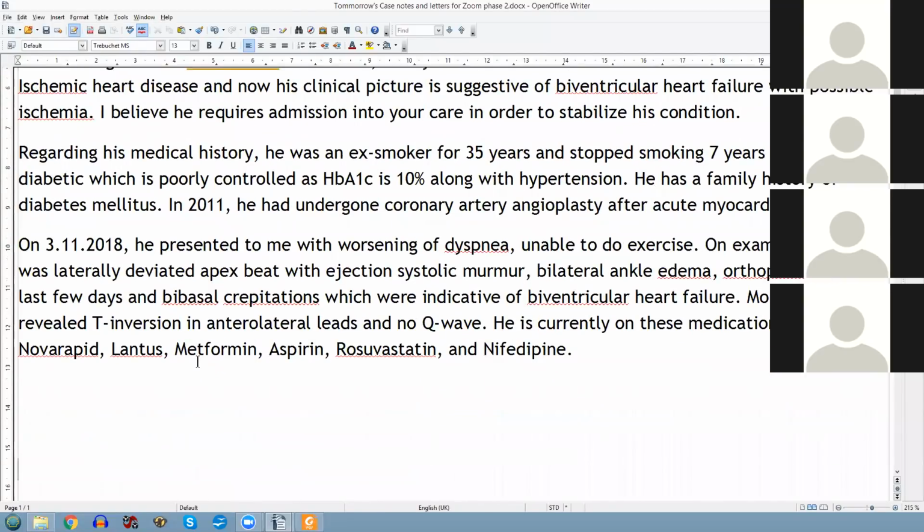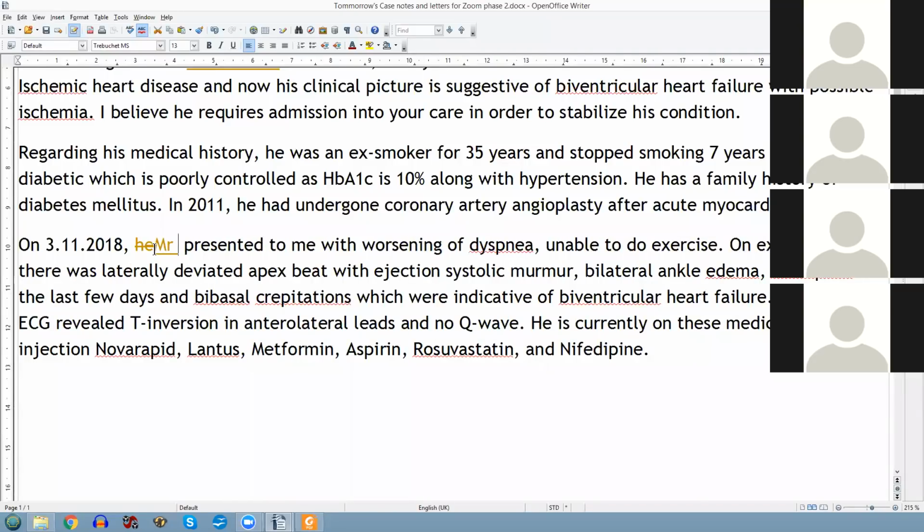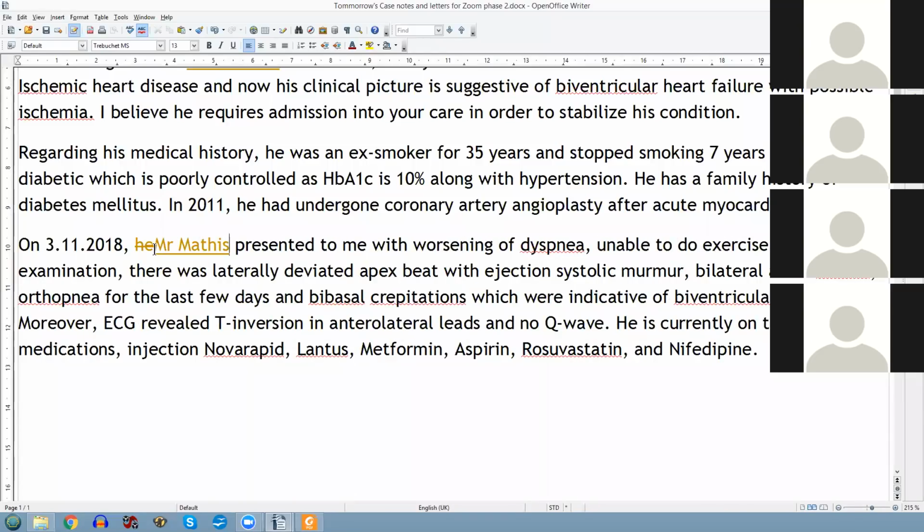What you want to tell him first is "he presented to me with worsening...unable to do exercise." That's too short. It's almost like a note, not a complete sentence. "He presented to me with the worsening of this." So the first sentence, the first mention, the convention is to use the surname, Mr Matias, I think it is, yeah.